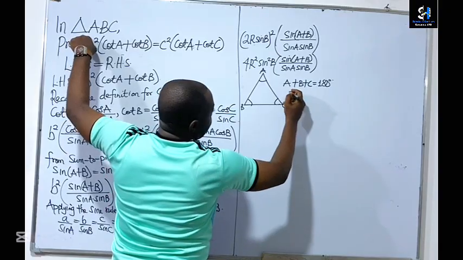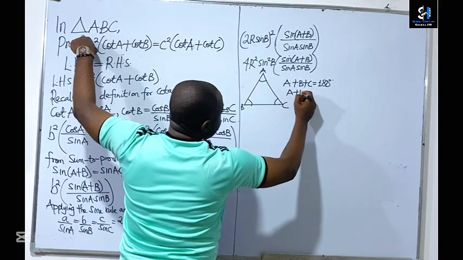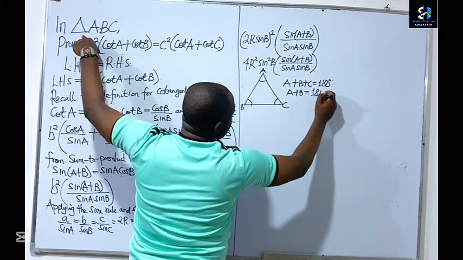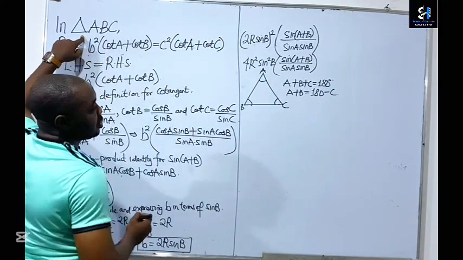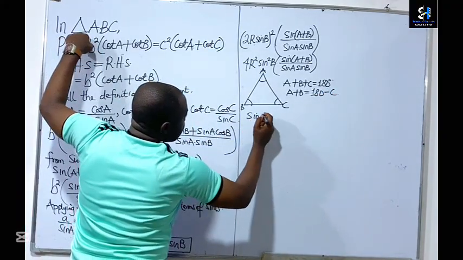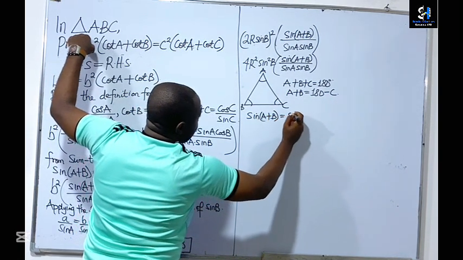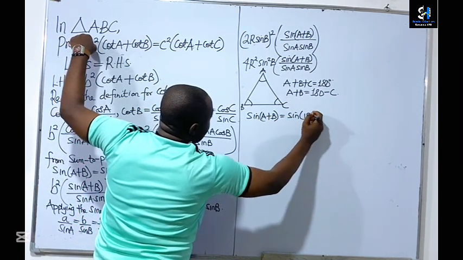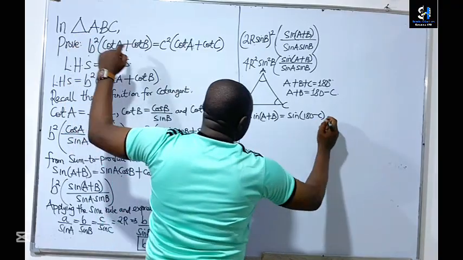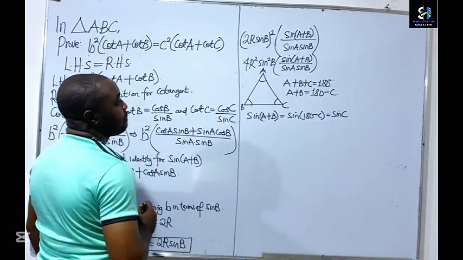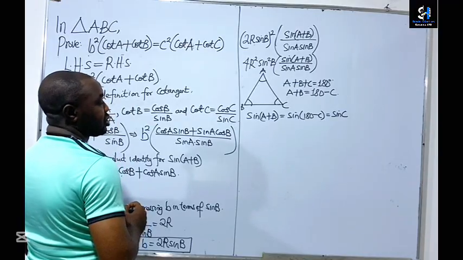So let me solve for A plus B: A plus B will be equal to 180 minus C. Which means sine (A plus B) will be equal to sine (180 minus C), which is equal to sine C.